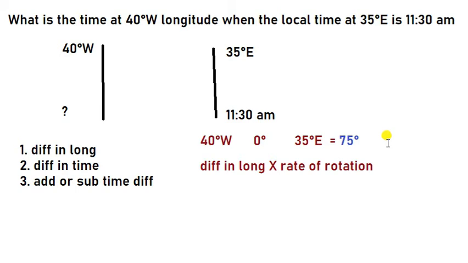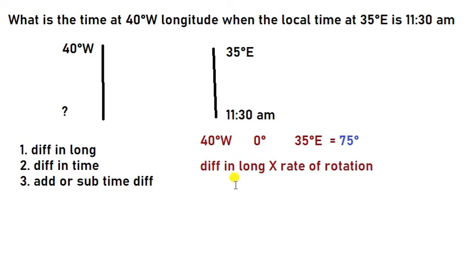That will make the calculation a little easier. So we know that earth will turn 1 degree in 4 minutes. So we want to find out how much time the earth will take to turn 75 degrees. To turn 1 degree, earth takes 4 minutes. So to turn 75 degrees, earth will take 75 times 4 minutes.